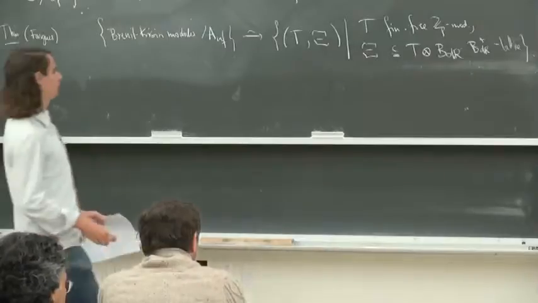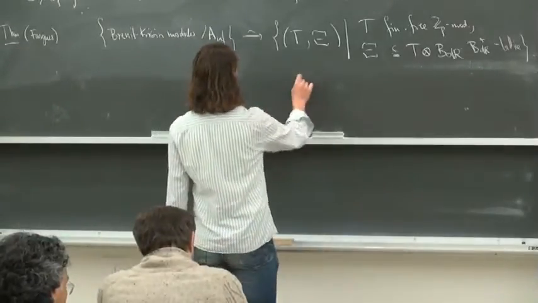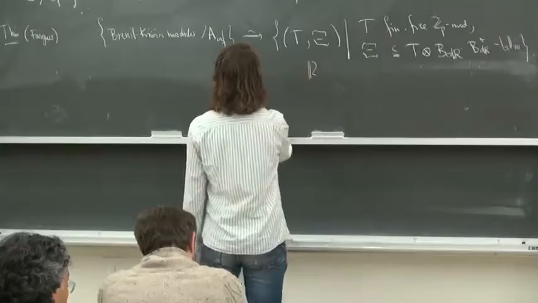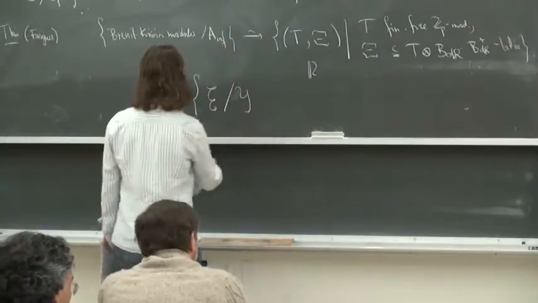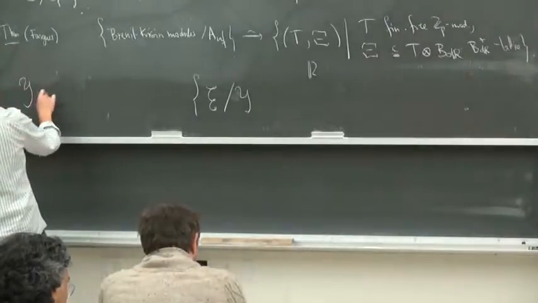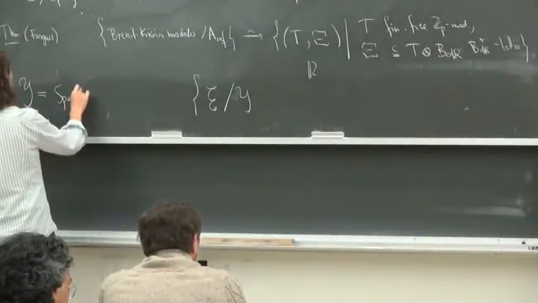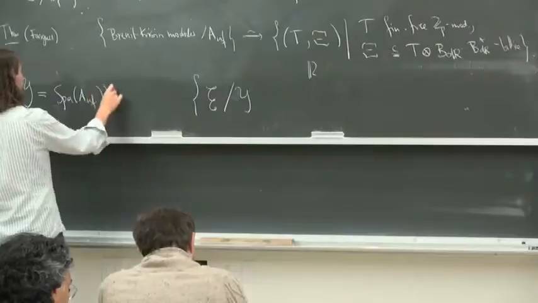And so in the last lectures we already identified this category with the category of E over Y, where Y was the p-adic spectrum of A_inf with the closed point removed.